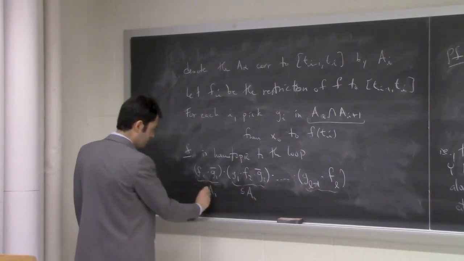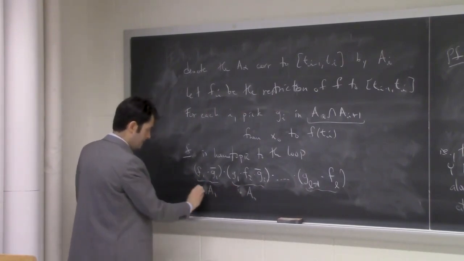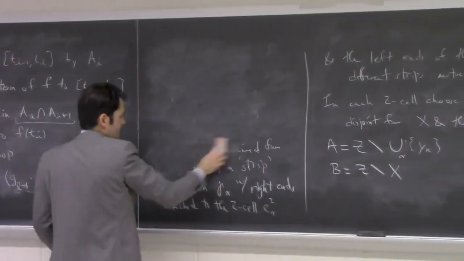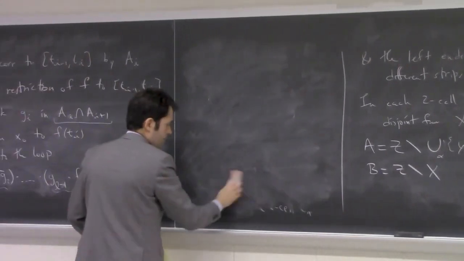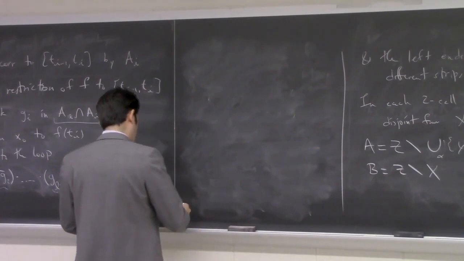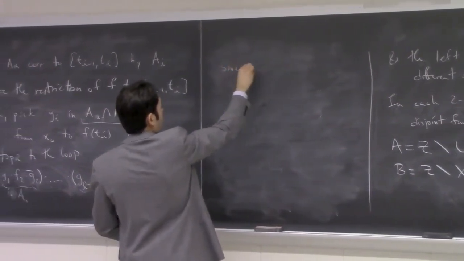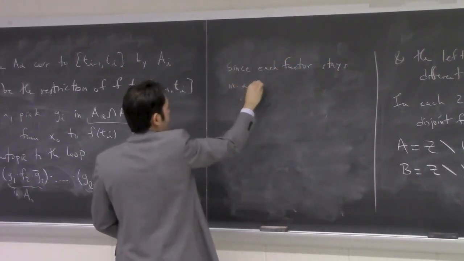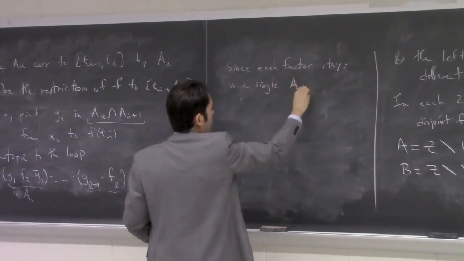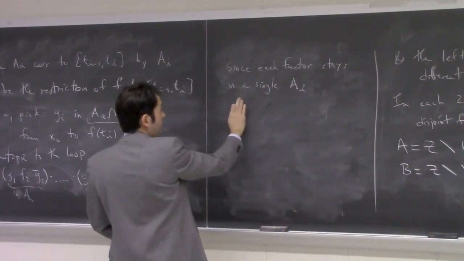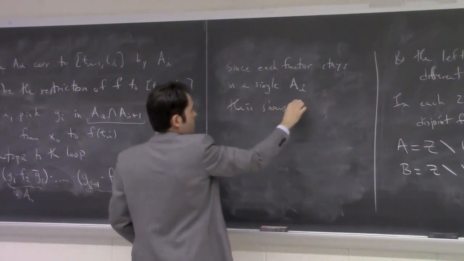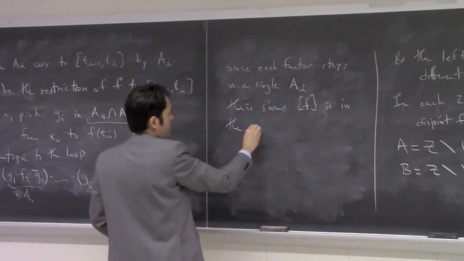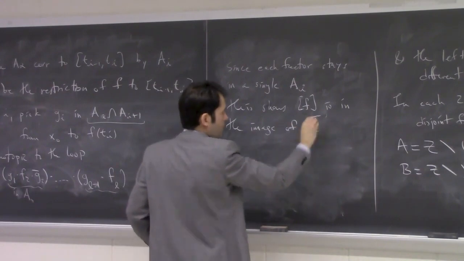Okay, so since each factor stays in a single A_i, this shows that the class of F is in the image of phi.